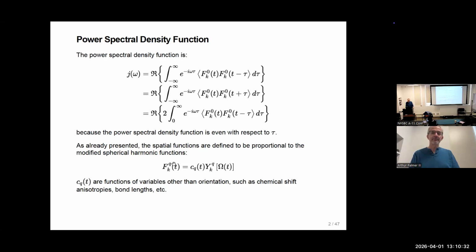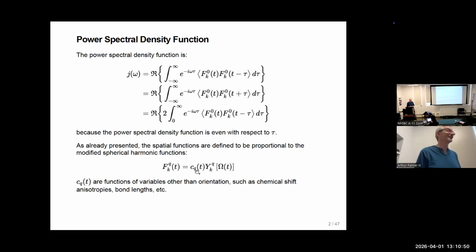And then, as you saw from Anne, we can write these spatial terms as a part that depends on rotation, and we characterize those with the spherical harmonics, and then everything else goes into what I just called C here.